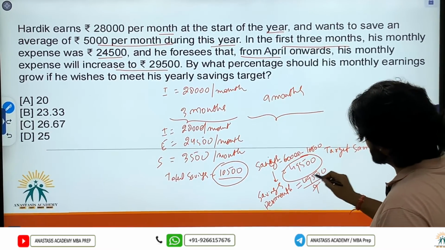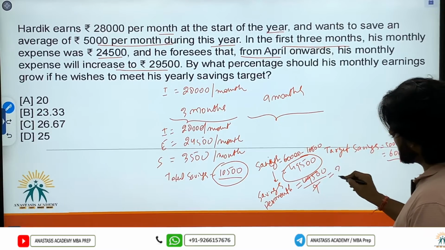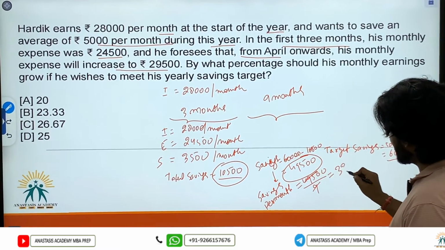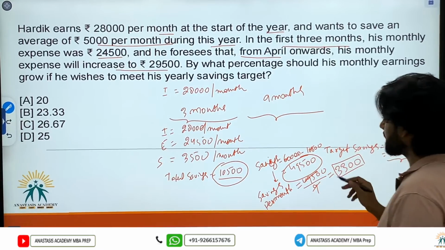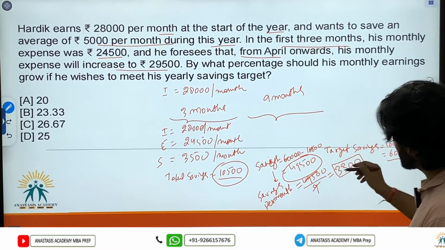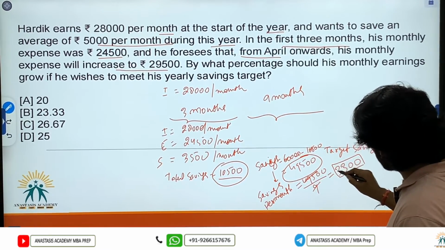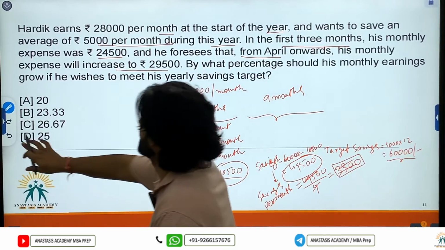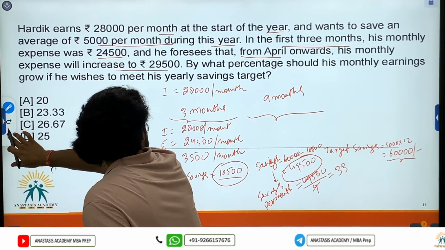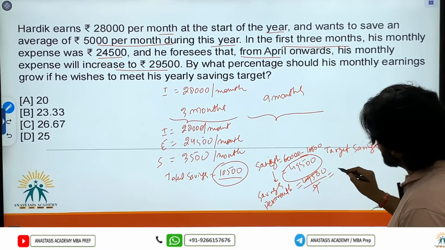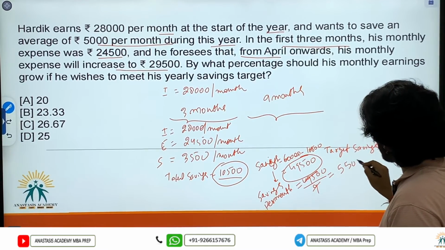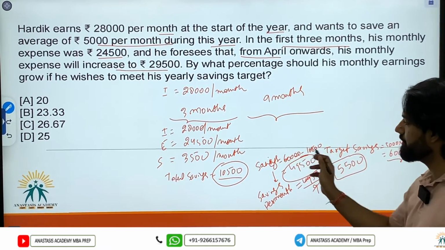So per month he has to save how much? 3 times 45 and 3 times 45. So 49,500 divided by 9 would be 5,500. This is the amount he has to save per month.